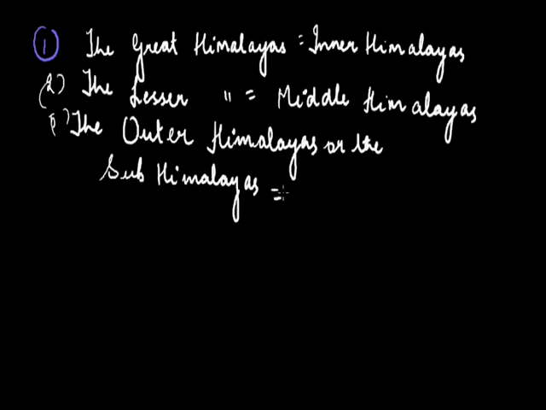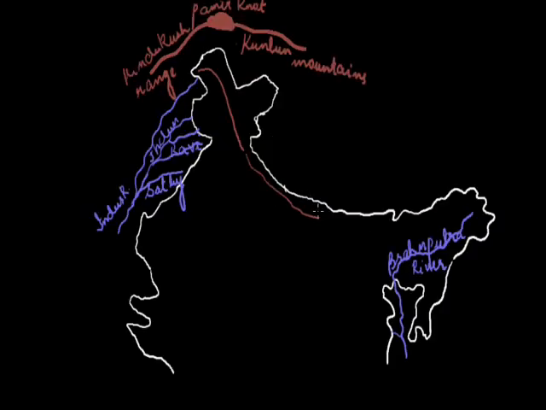These are also known as the Shivalik range. This is the position of the Great Himalayas. Let me just first draw all the ranges and then we can have a closer look at the various mountain ranges or the parts of the Himalayas.